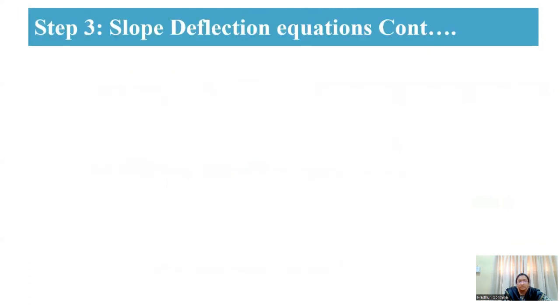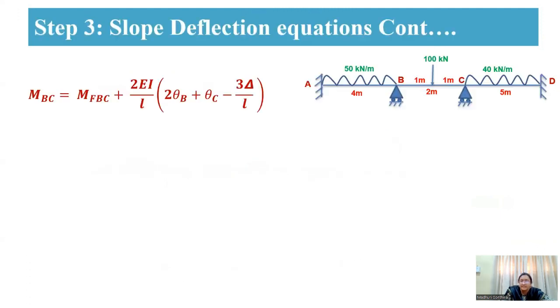Similarly, when we do it for the BC span. So BC span means here what is happening?